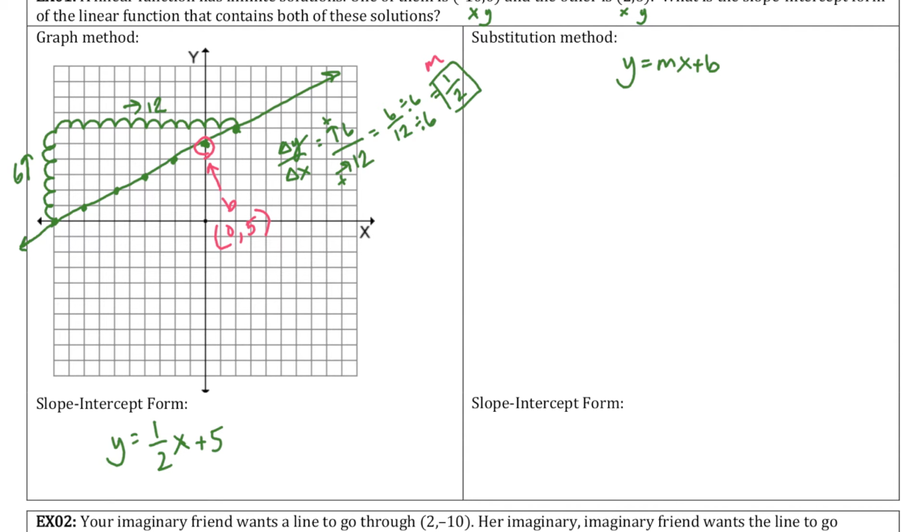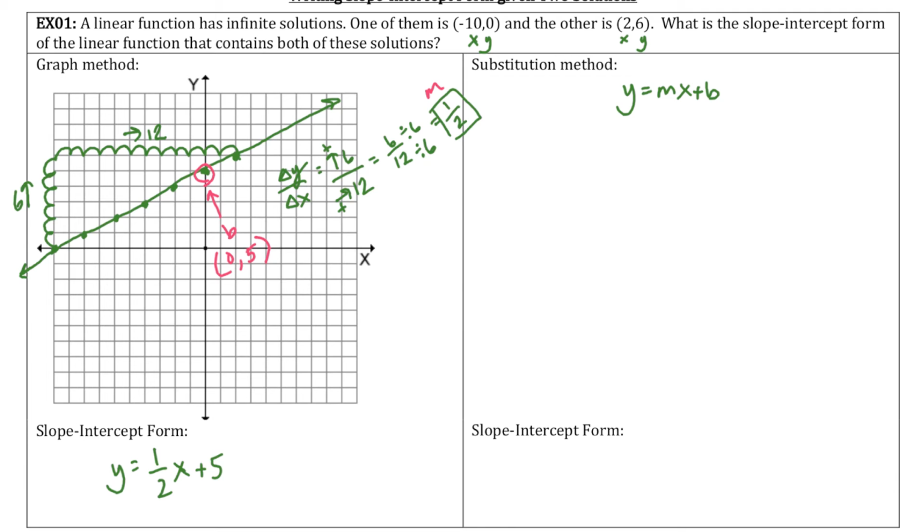But if you notice right here, we have a point, and right here we have a point. So if we have 2 points, we can actually find the rate of change.